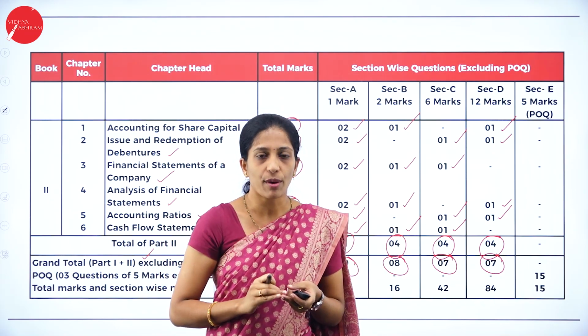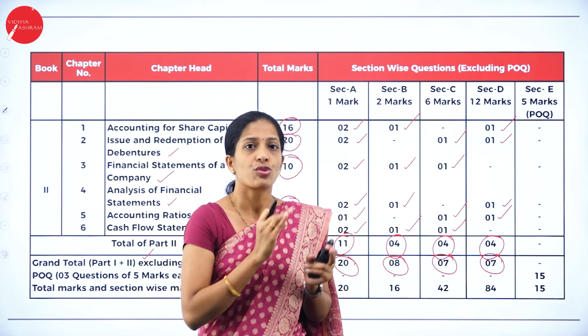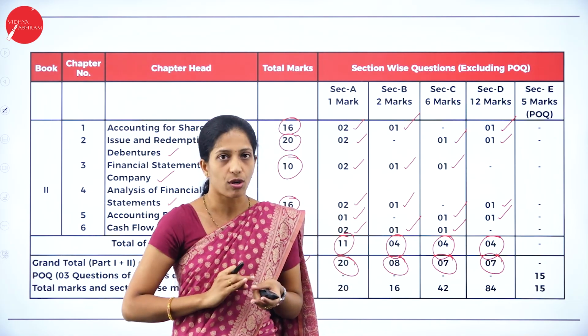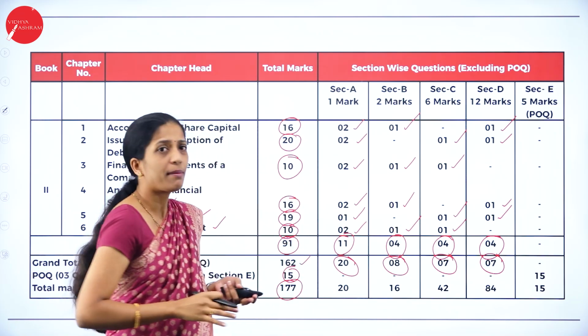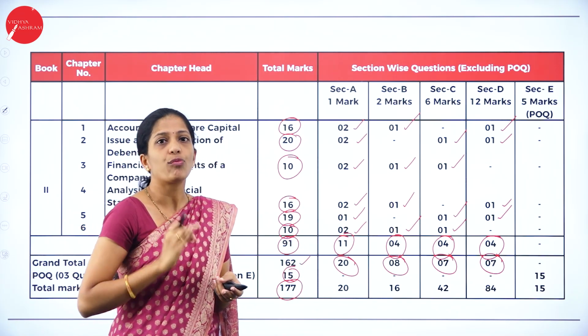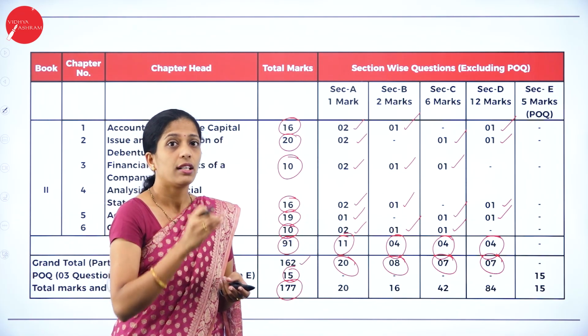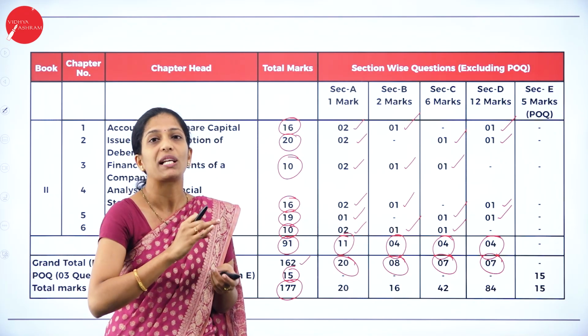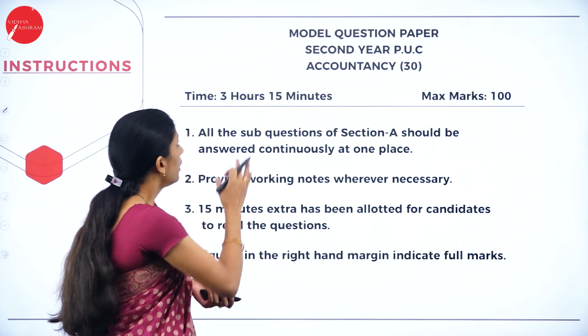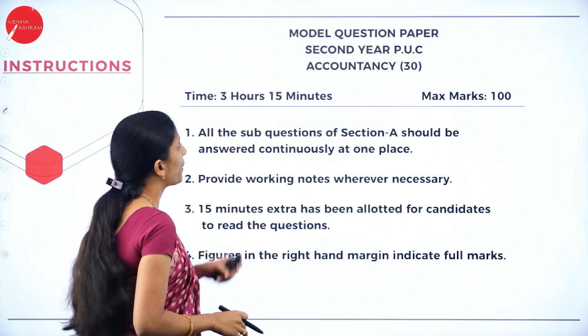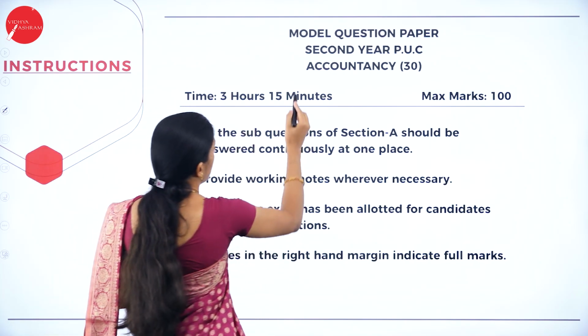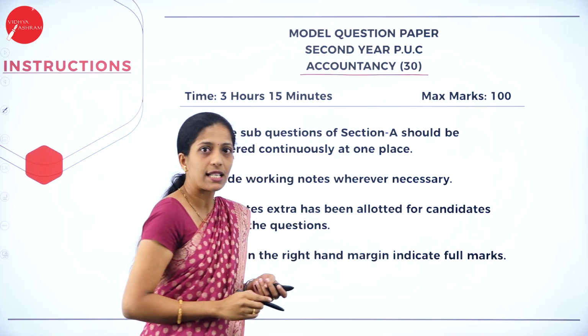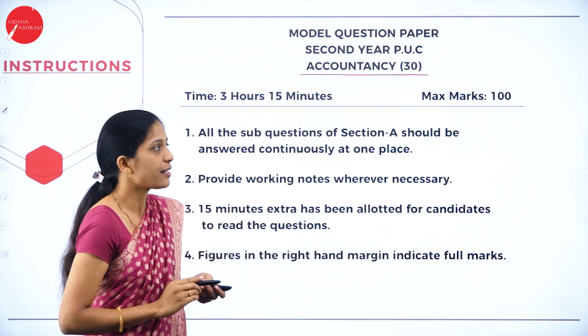Now we shall begin with the model question paper they have given. They have given it as per this blueprint only. How the marks have been distributed, in the same way they have given the blueprint. Let us see what type of questions are asked from each and every chapter. Now this is your model question paper, second year PUC, and as I told you, your code for the accountancy subject is 30.